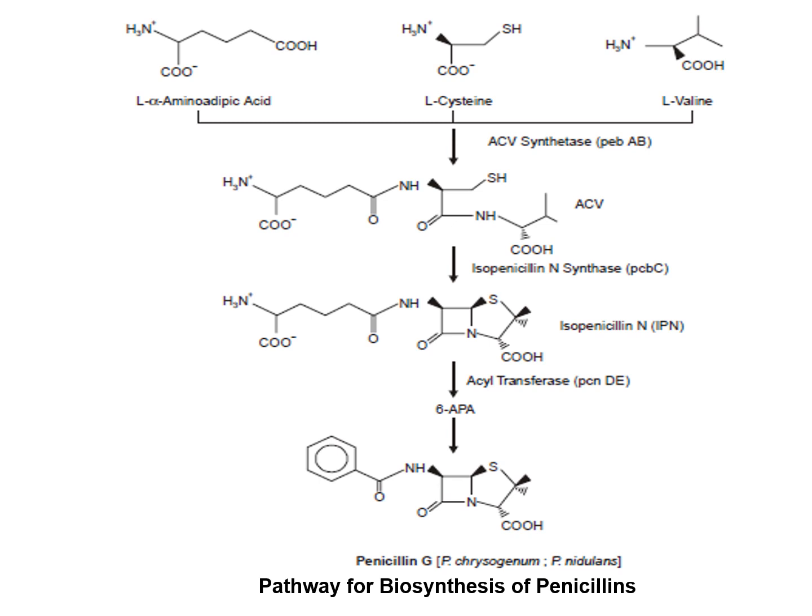So after the step with acyl transferase, we will have 6-aminopenicillanic acid, which is consequently converted into penicillin G, where a beta-lactam ring structure is attached to a benzyl group.